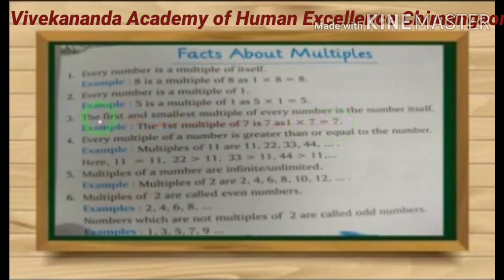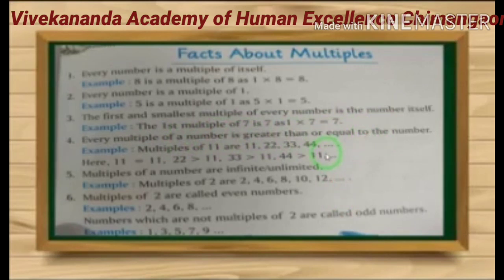Okay. Now see the fourth fact. Every multiple of a number is greater than or equal to the number. For example, multiples of 11 are 11, 22, 33 and 44.